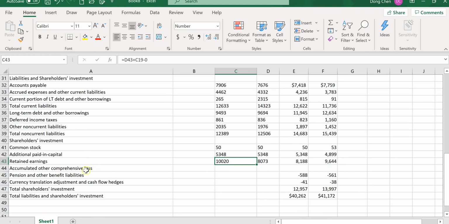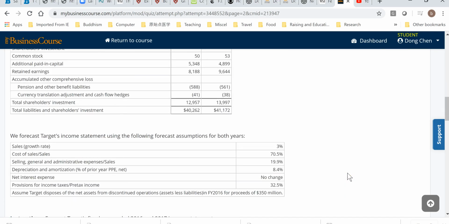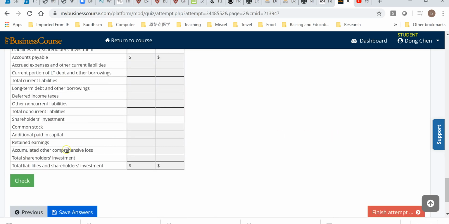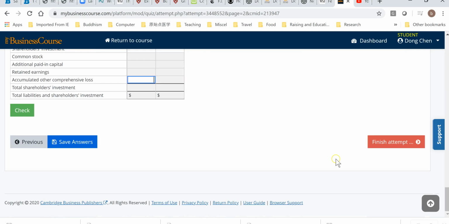And accumulated other comprehensive loss, I believe that's gonna be, why is there no such information there? Oh, it's because that's broken down to these numbers. So let's check whether the... I guess there's no change for these numbers.